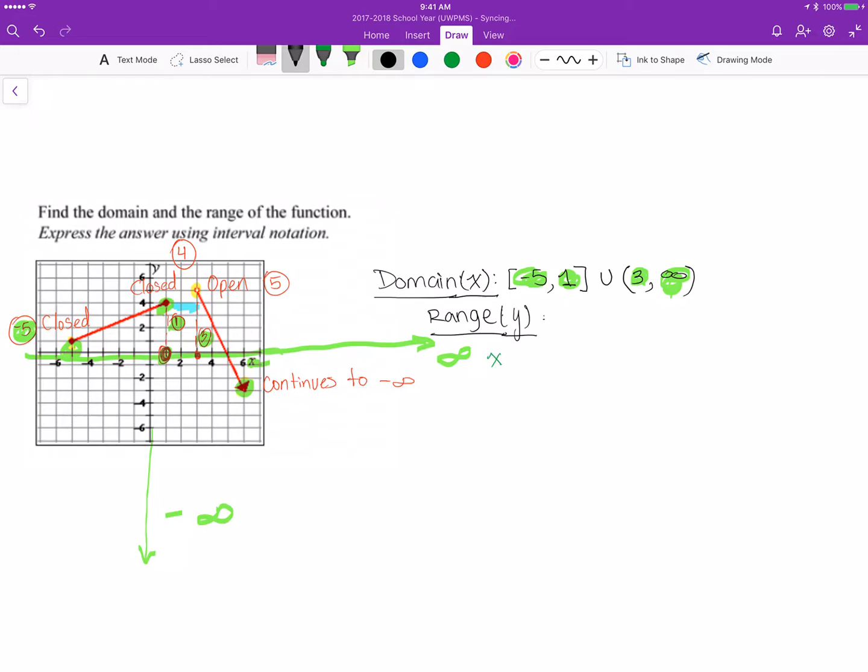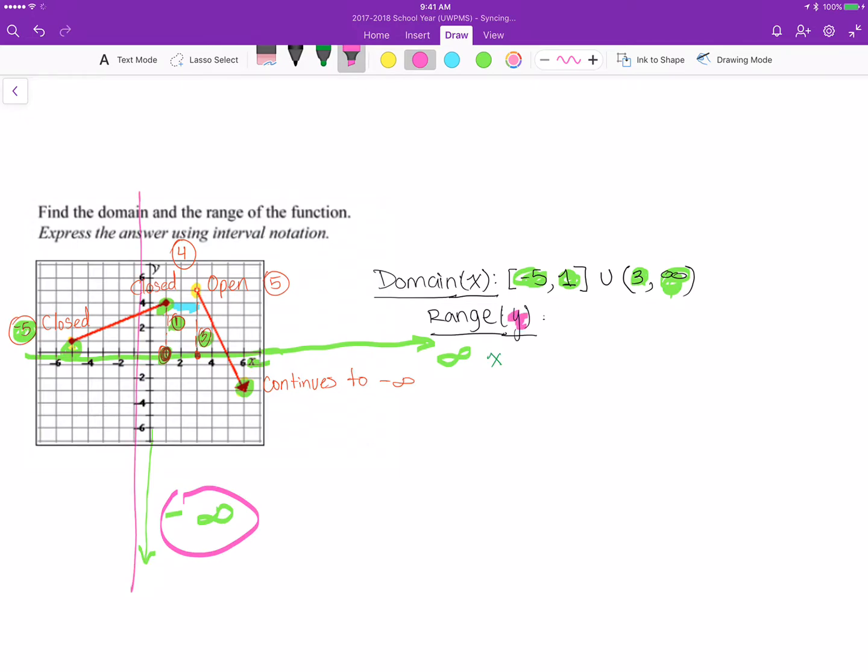Okay. So now I'm going to start from here. I'll use pink. From -infinity.